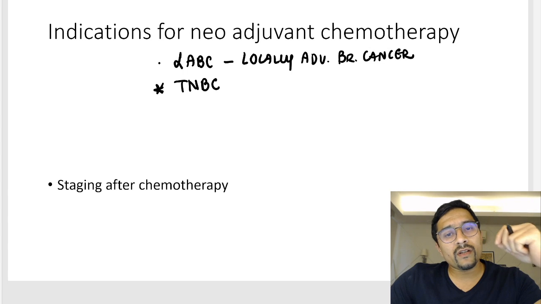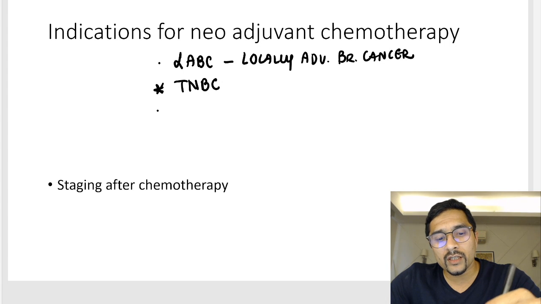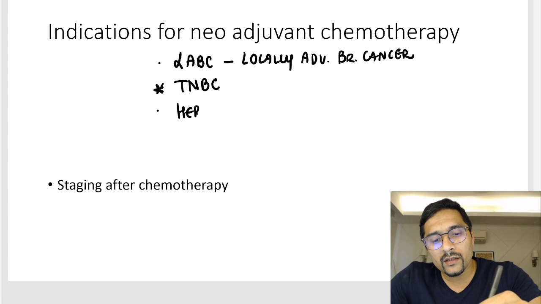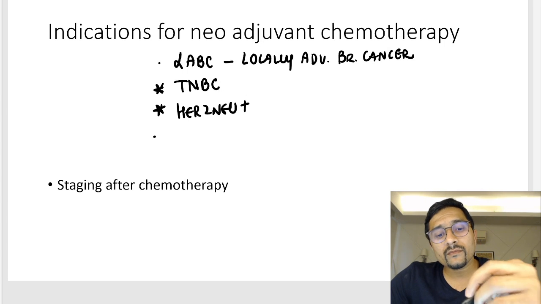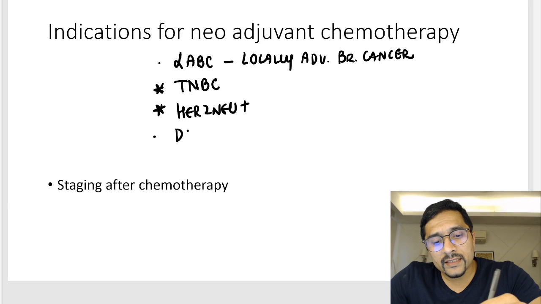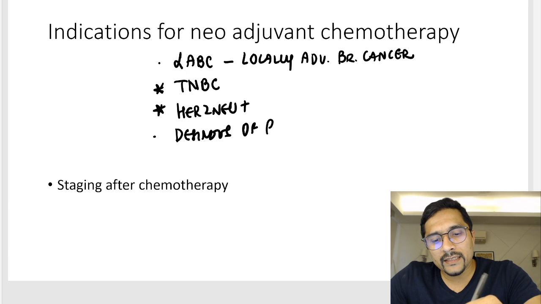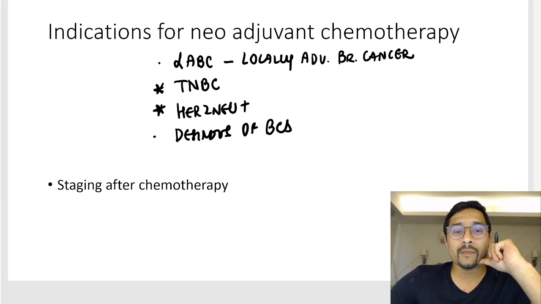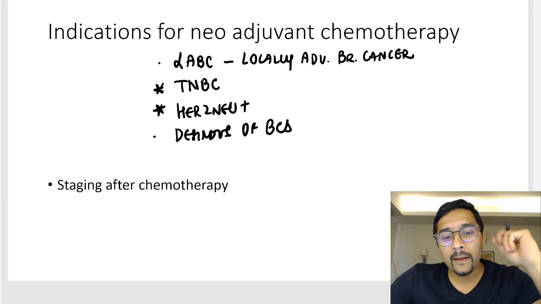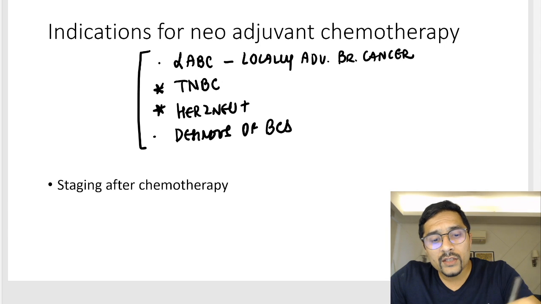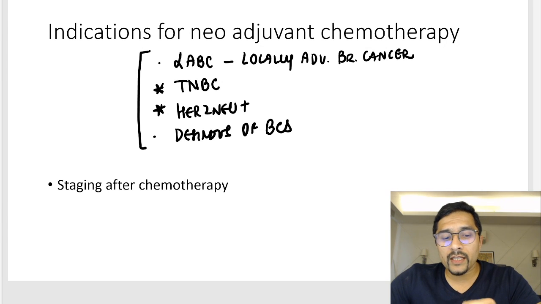In these patients we tend to give neoadjuvant chemotherapy. Similarly, HER2/neu positive tumors also we give neoadjuvant chemotherapy. If the patient is desirous of BCS, breast conservation surgery, and the tumor is big, then also we give neoadjuvant chemotherapy. So these are the indications for neoadjuvant chemotherapy.